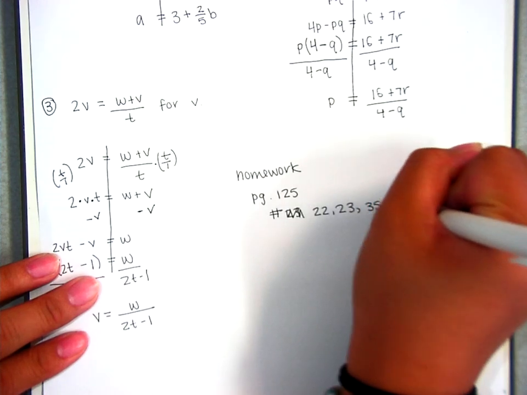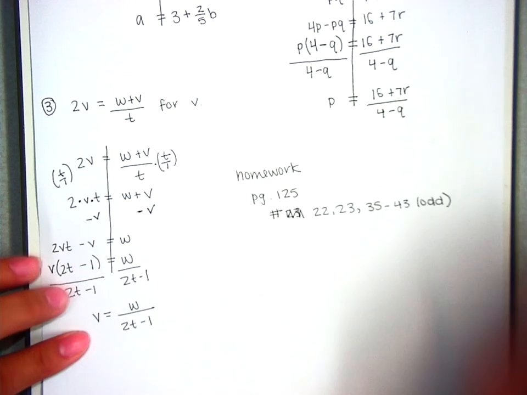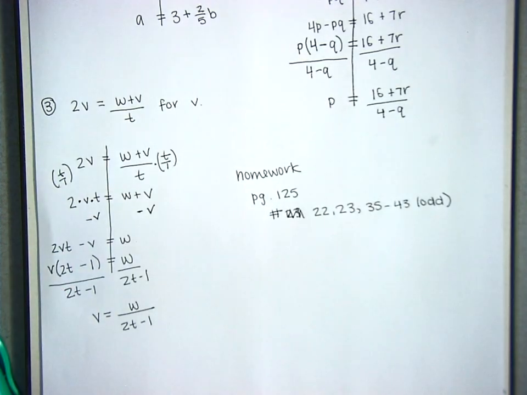There's no I in we. Okay, page 125, problems 22, 23, 35 to 43.